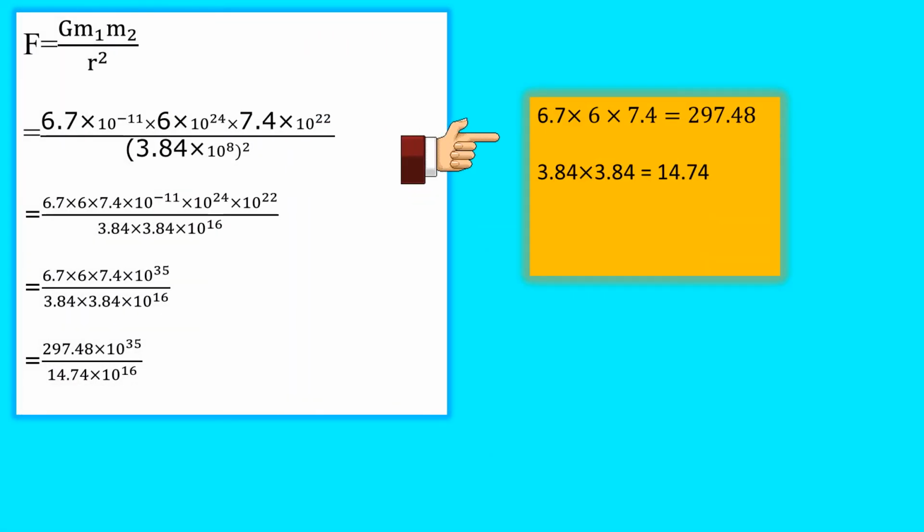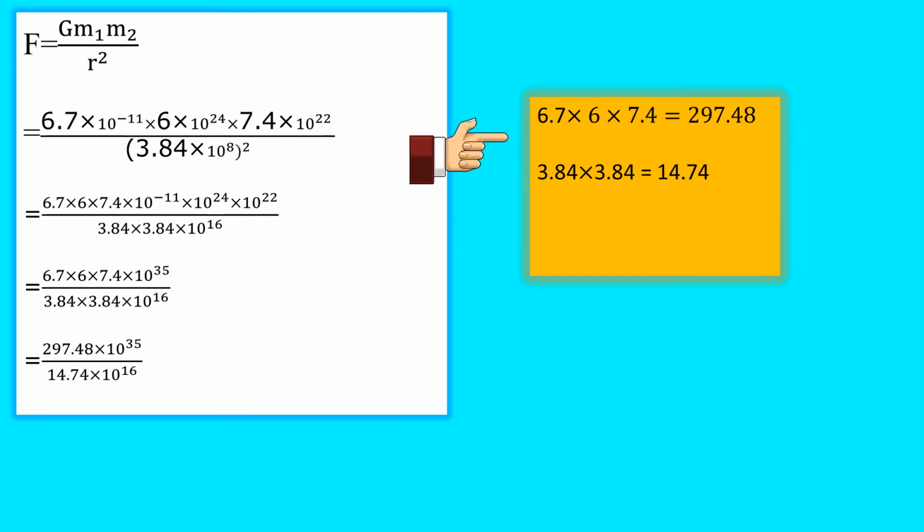Now gravitational force F is equal to G into m1 m2 upon r square, that is equal to 6.7 into 10 raised to minus 11 into 6 into 10 raised to 24 into 7.4 into 10 raised to 22 upon 3.84 into 10 raised to 8 bracket square. So we have to take all these 10 raised to terms together and multiply the other terms together.